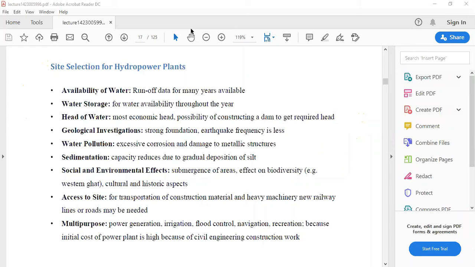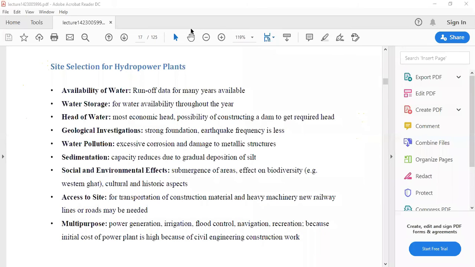Yeah. If you take into consideration Navja for the Koyna hydroelectric power plant, Navja is a part of the catchment area of the Koyna hydroelectric power plant. As I said, we have to consider the average rainfall throughout the year in the catchment area of the Koyna. So the first point is well suited for the Koyna power plant.